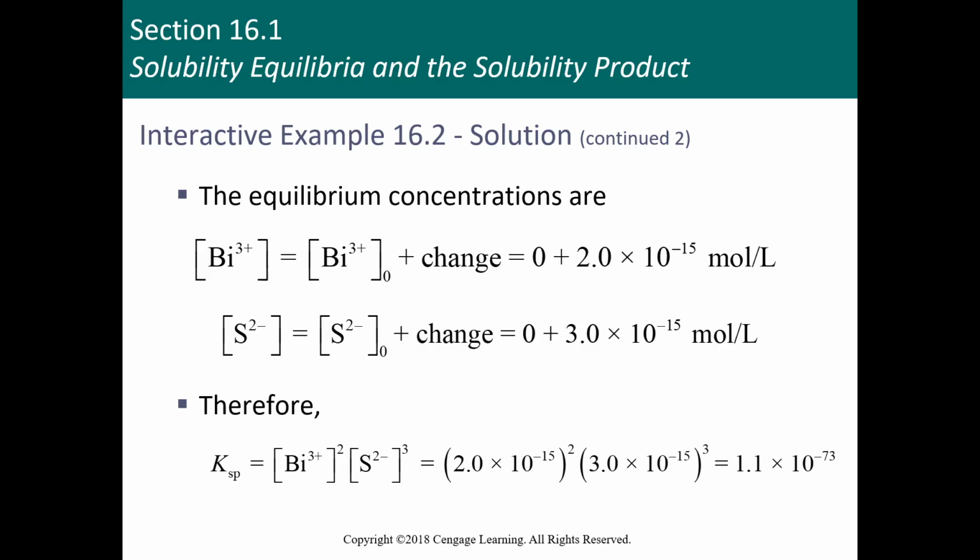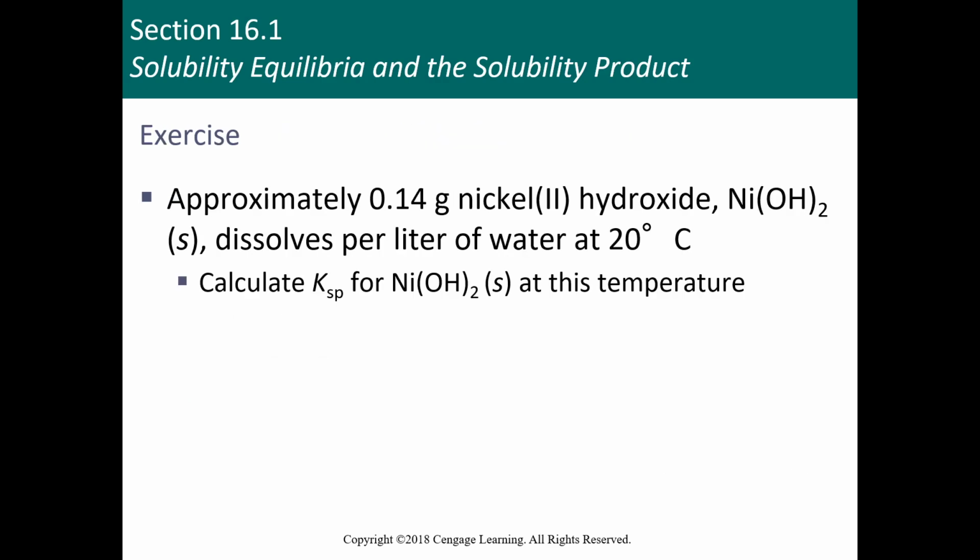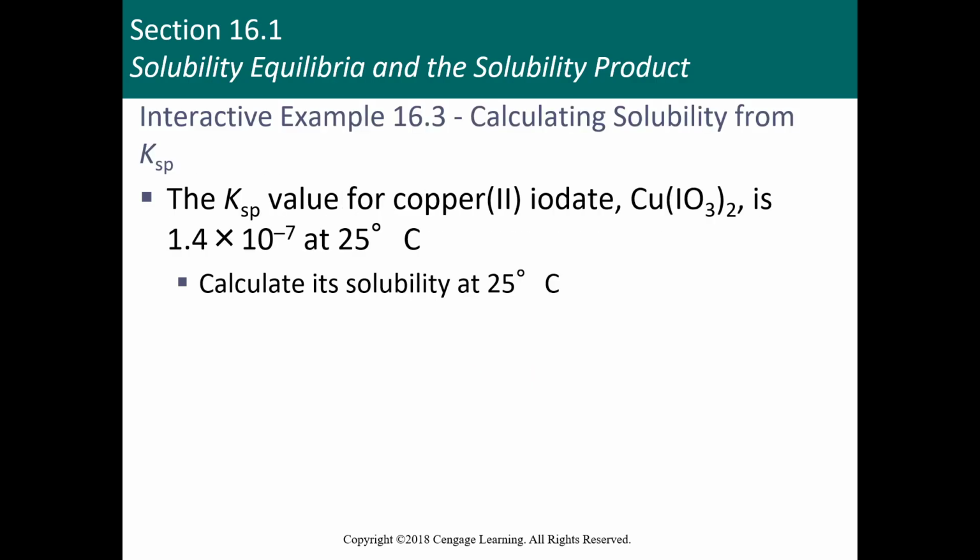You can also have large values. They have a very, very large range, as you probably would surmise, because there's a very large range of solubilities. This is an exercise you can attempt to see if you know how to solve these problems and you understood what we just did. And that would be its KSP if you did this problem. Not that you really need it, because I've given you problems you can do on mastering.